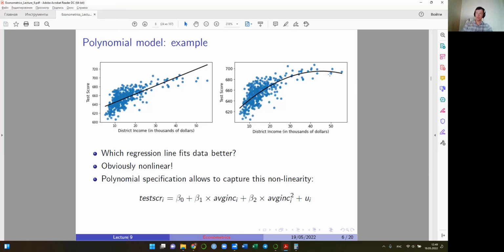But the problem is that we have scarce data on this right side of the distribution. There are only like 1, 2, 3 districts with income larger than 50. And these districts bend this line downwards.